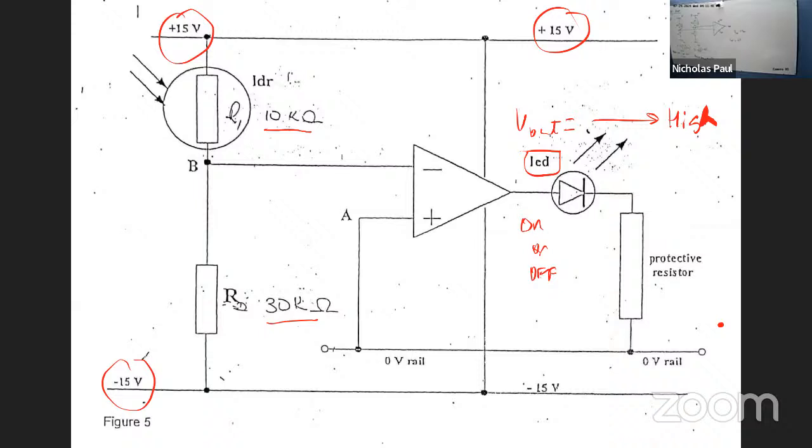Remember how to get V out? You have to compare the voltage here with the voltage here. So you have to compare 0 with the other side, so you have to work out V the same way you worked it out earlier.